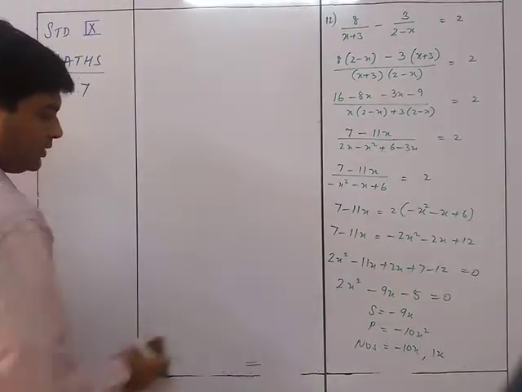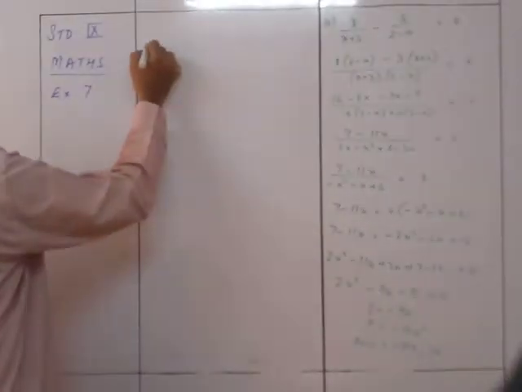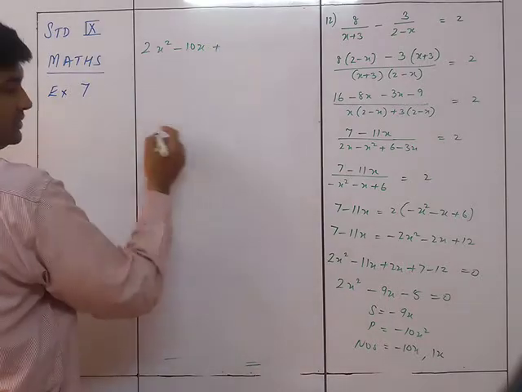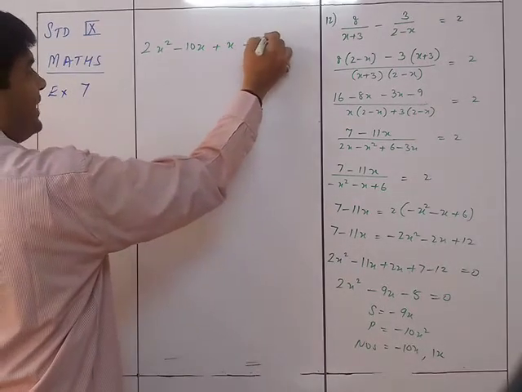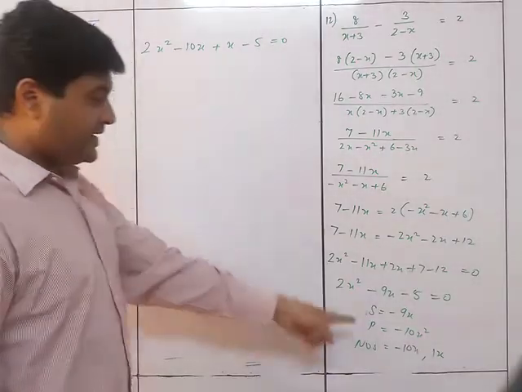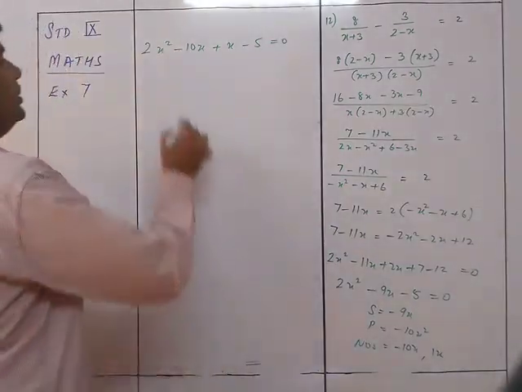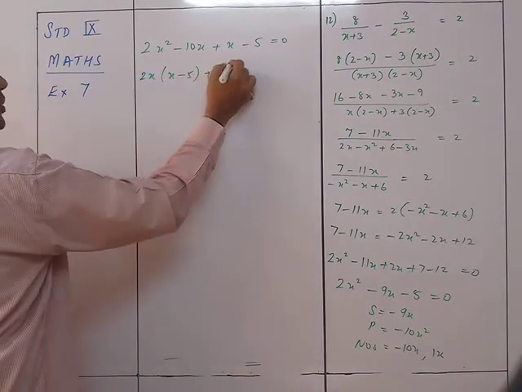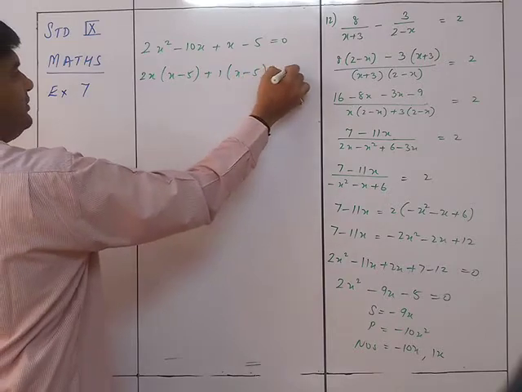So therefore, the equation will become 2x square minus 10x plus x minus 5 is equal to 0. You can see minus 10 plus x is minus 9x. Yeah, so everything perfect. 2x common, you get x minus 5, plus 1 common, x minus 5 is equal to 0.